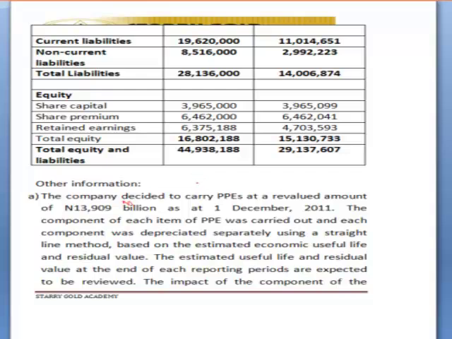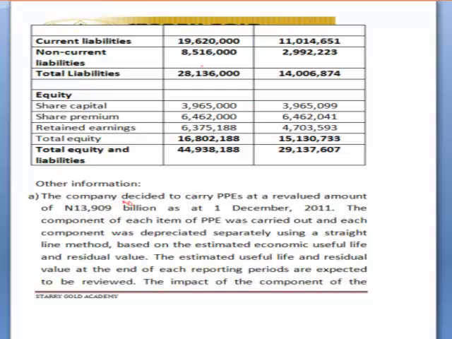The component of each item of property, plant and equipment was carried out, and each component was depreciated separately using a straight line method based on the estimated economic useful life and residual value. The estimated useful life and residual value at the end of each reporting period are expected to be reviewed.